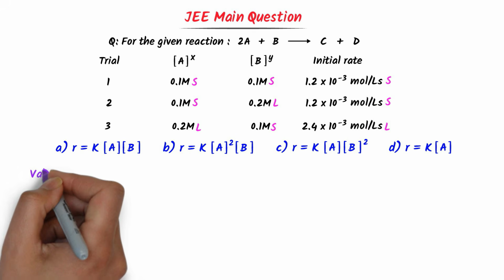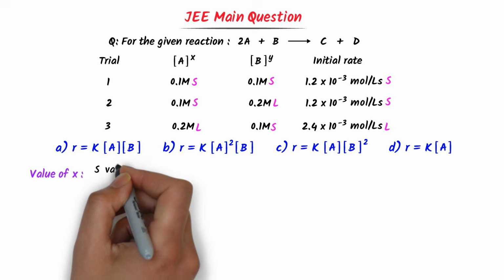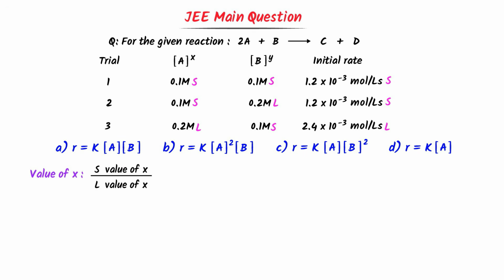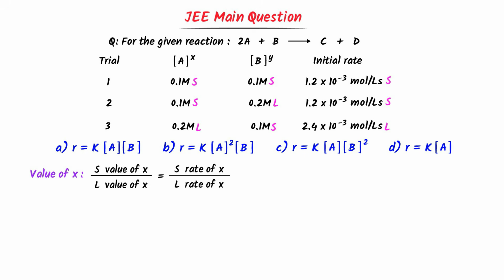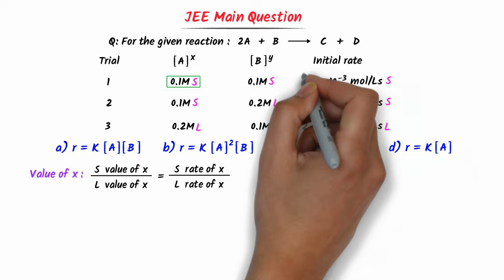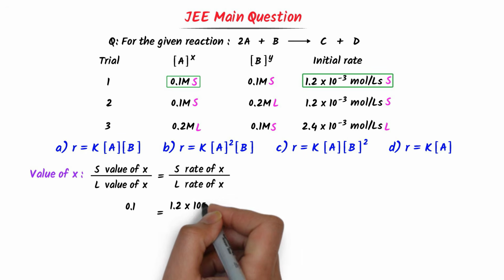Now we will find the value of x. We already learned the trick. Small value of x upon larger value of x equals small rate upon larger rate. The smaller value of x is 0.1 and its respective smaller rate is 1.2. I write 0.1 equals 1.2.